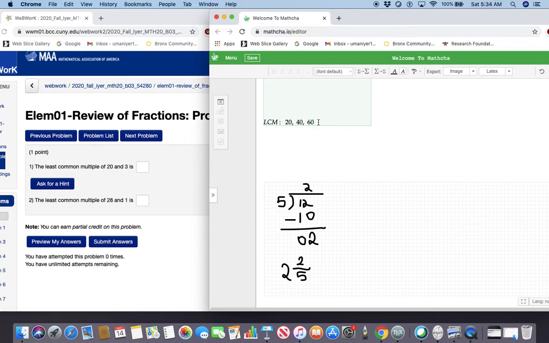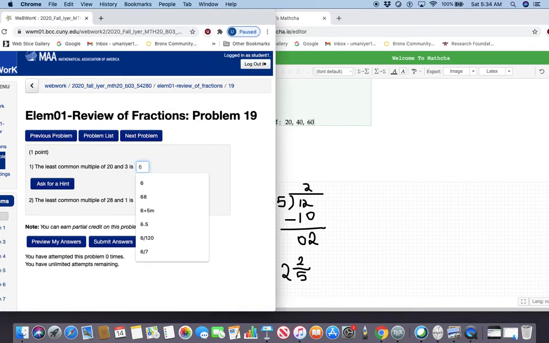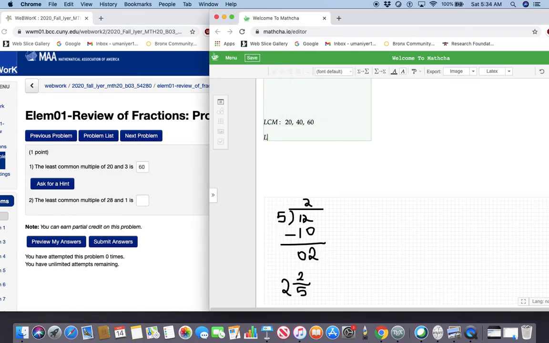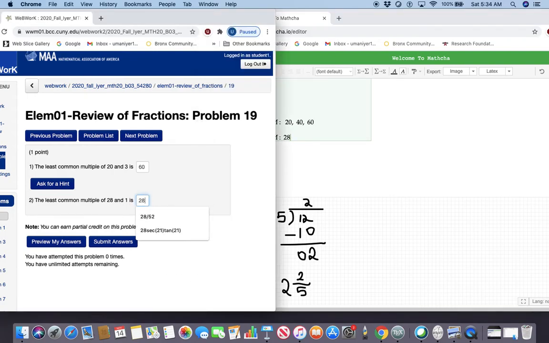Does 3 divide 60 evenly? Yes, 3 times 20 is 60. So the least common multiple is 60. Notice the way we do it is look for the bigger number and then keep checking. Likewise, 28 and 1: start with the bigger number. Does 28 divide 28 evenly? Yes. Does 1 divide 28 evenly? Yes. So this is 28.